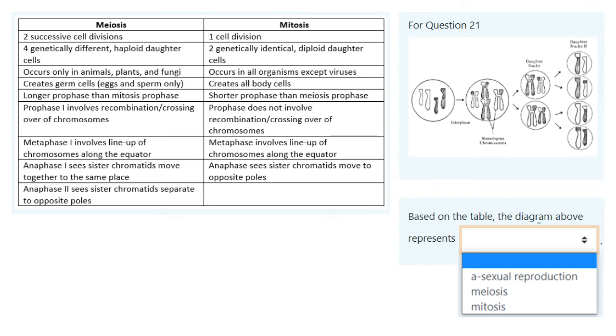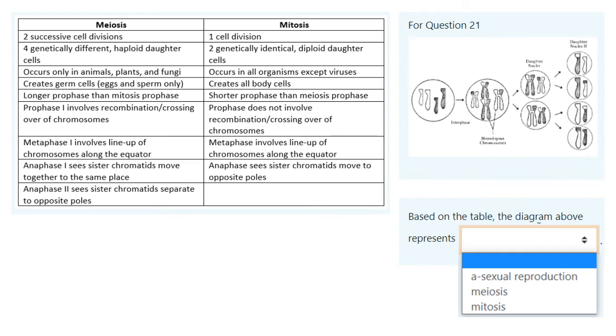So in meiosis, you get haploid cells, cells that only have half of the DNA. In mitosis, you get diploid daughter cells that are exact copies of the parent cell. Meiosis is for making the sperm and the egg, the sex cells, the gametes. Mitosis is for making all of the other cells in the body.